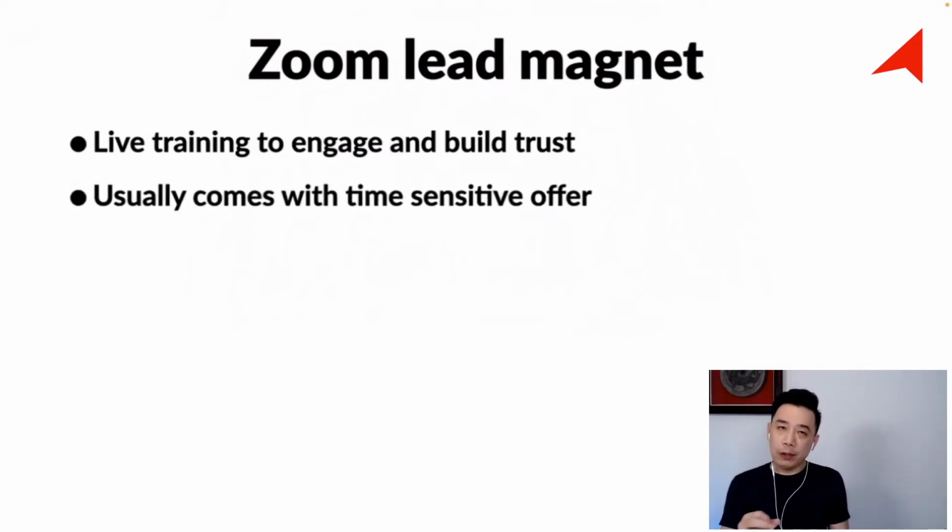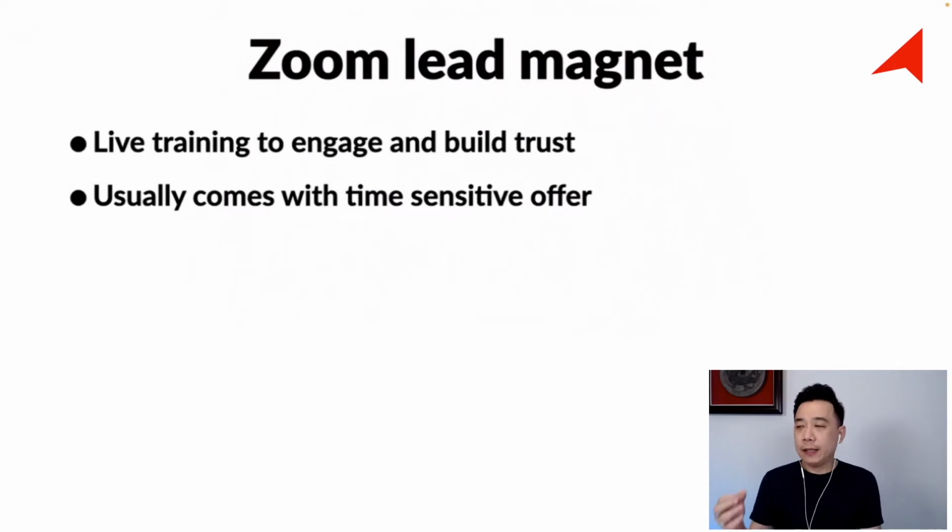And basically, when we do Zoom live training, it usually comes with a time sensitive offer. Usually within maybe 24 to 48 hours, the room for you to sign up for this offer, or to apply for something like a one-on-one session, will come to a point where it is closed.